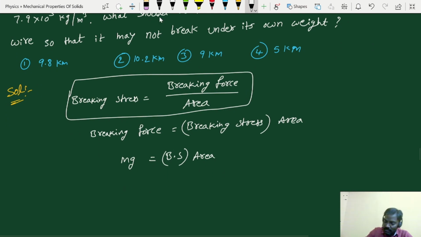So we learned that breaking force is breaking stress into area of cross section. As breaking stress is fixed for a given material, breaking force is directly proportional to area. See here, breaking force is independent of the length. It depends on nature, temperature, impurities and area.